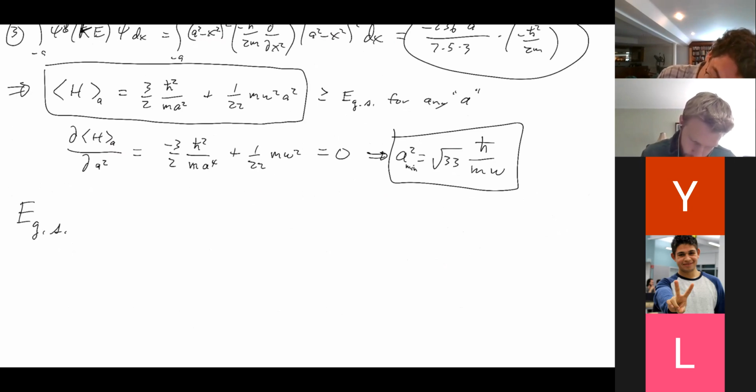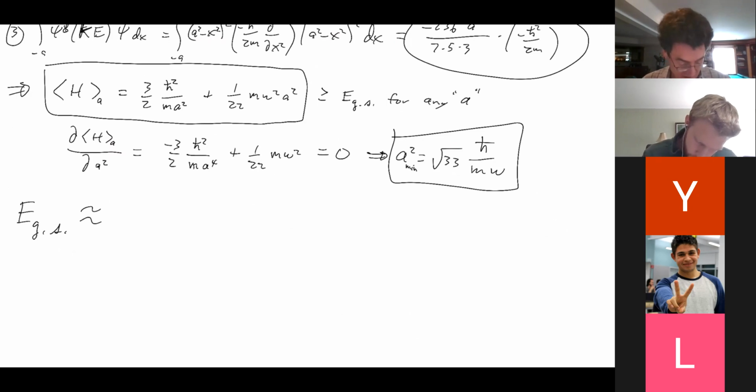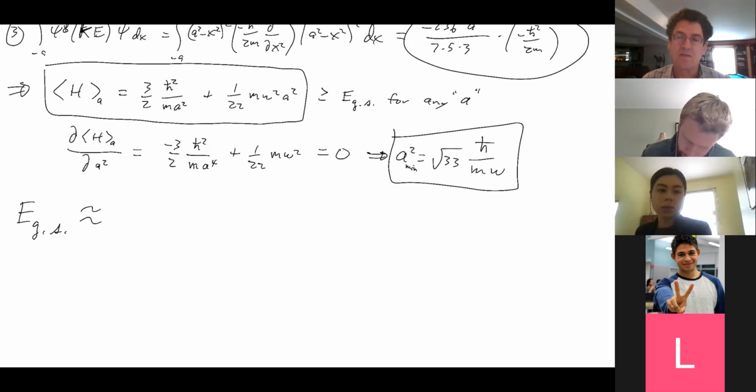Now that I have the minimum, to get my ground state energy, I say the ground state is approximately equal to, well, how do I get it? What is the ground state energy? What do I do? Plug in that a minimum into the function.